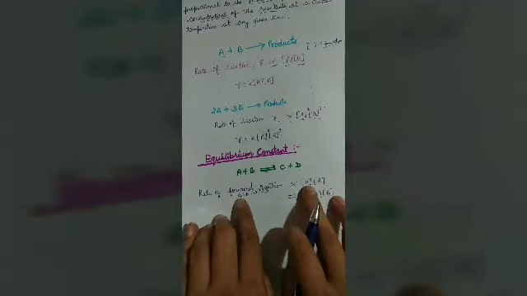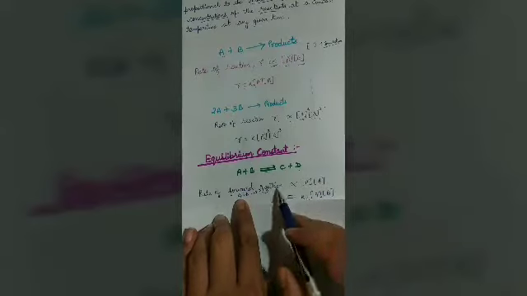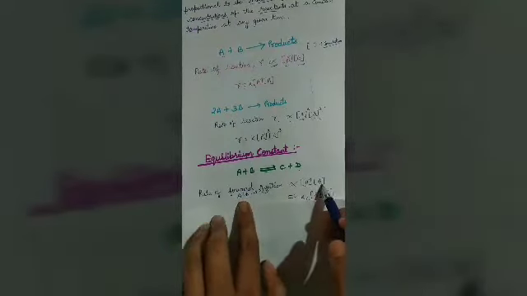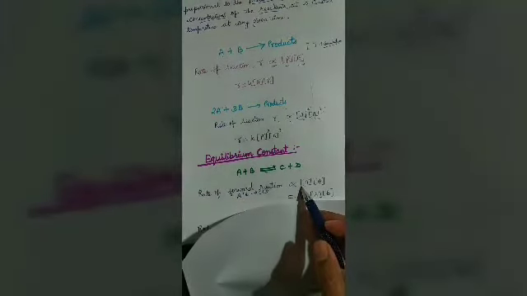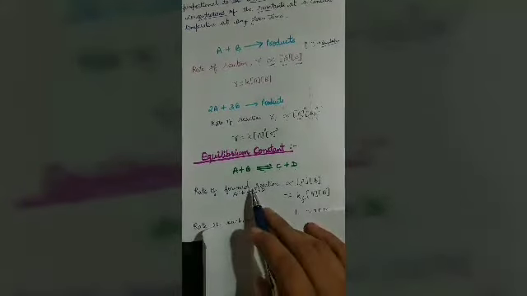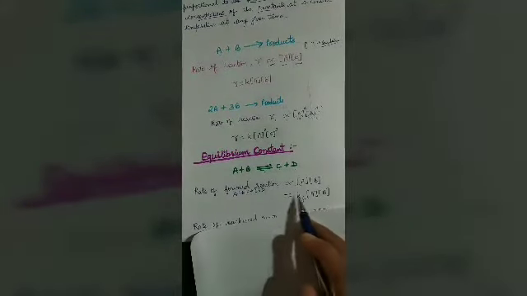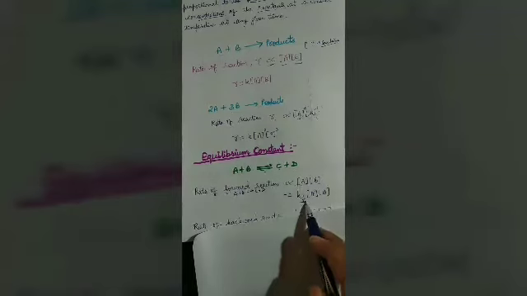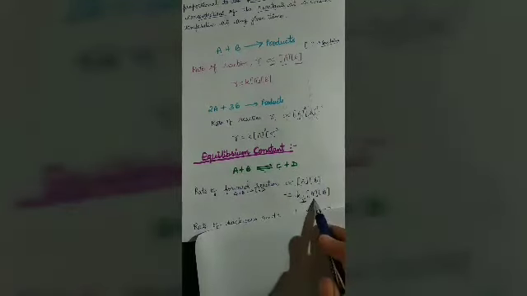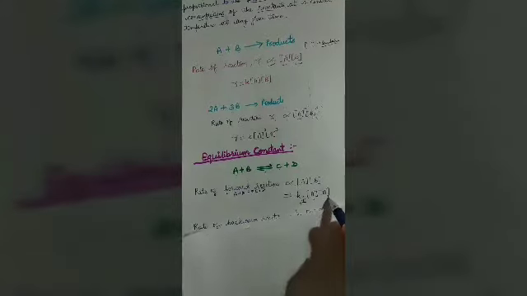Here the reactants are A and B, so the rate is directly proportional to concentration of A into concentration of B. If we remove the proportionality sign, there must be a constant, and as I have already told, it is a forward reaction, so this constant term is known as Kf. So R is equal to Kf, molar concentration of A into molar concentration of B.